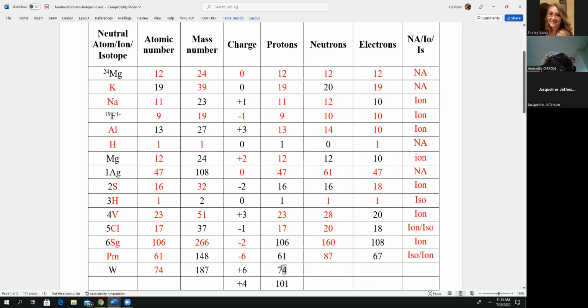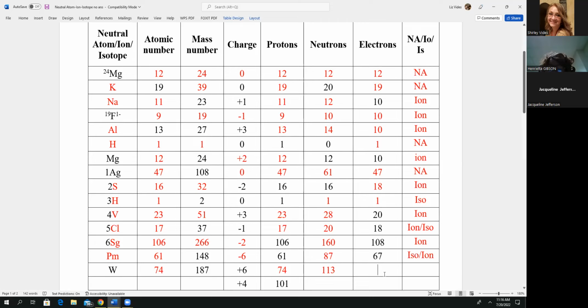So we put that there. We also know that the neutrons is subtraction of 187 minus 74, which looks like 113 to me. I mean, you do the math, but I think that's right. Yeah, 113. All right, so 113 right there.